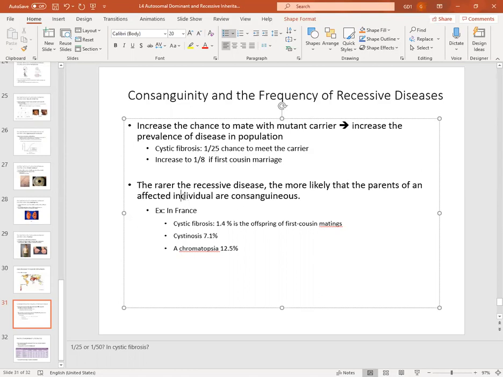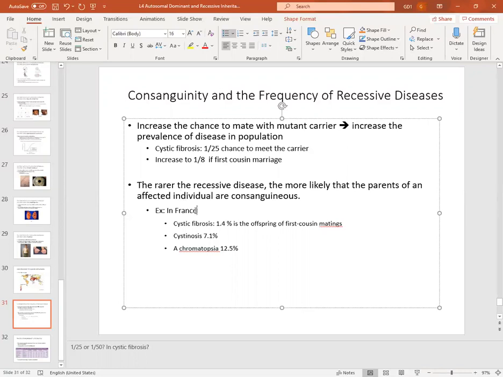And how about comparing between diseases? Some are common diseases, some are rare diseases. If your friend or you see a case with a genetic disease, and that disease is very rare, that means the parents of that diseased person probably have a close genetic relationship, right?